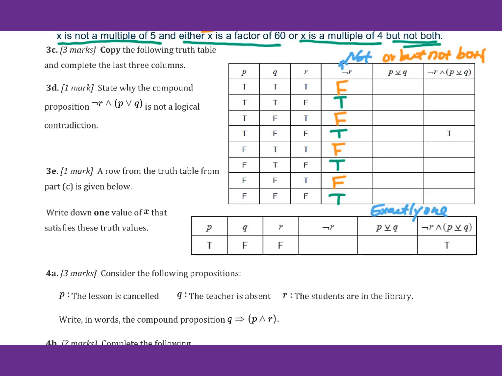Therefore, I look at these two columns, P and Q. This will be true, true, true, true. Rest of them will be false.